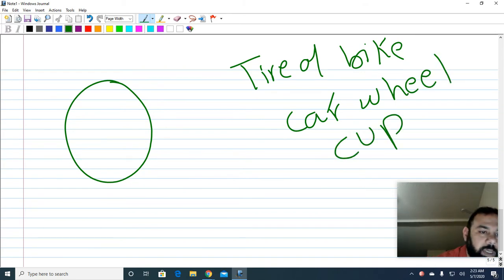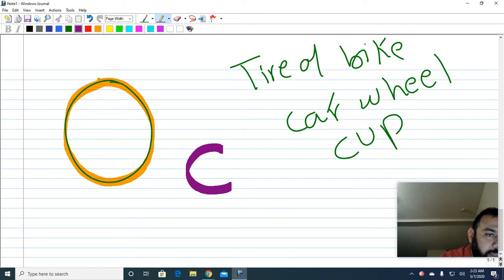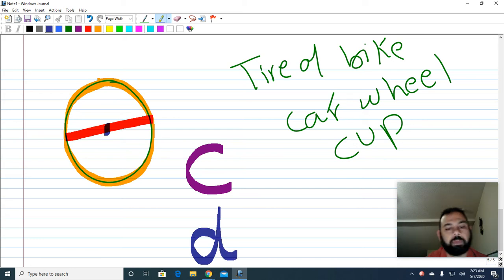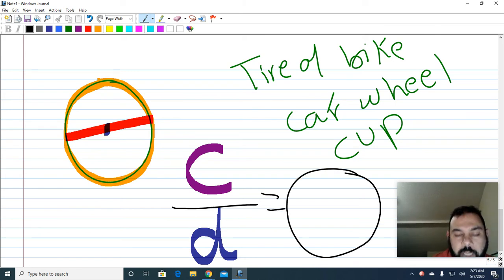If you can measure the circumference, so you're going to find C, and then measure the diameter, and you divide C by D, you are going to get a value. This value is always pi.